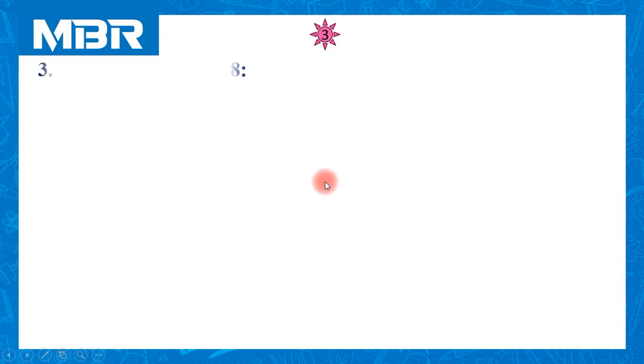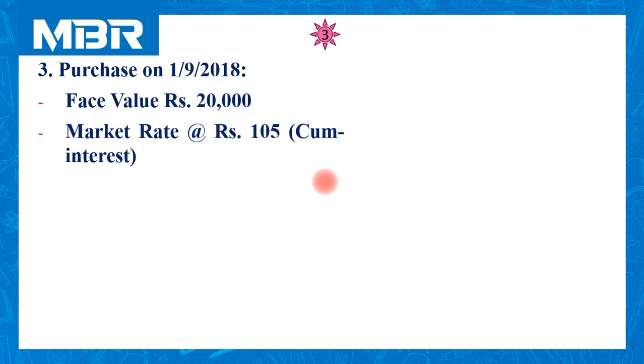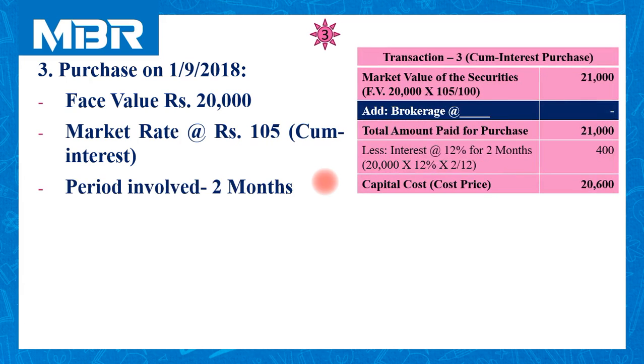Now transaction number 3, purchase on 1st September 2018. Face value rupees 20,000, market rate rupees 105, cum-interest. Period involved in the calculation of interest 2 months, and information of brokerage is not given, so it is not affected to our calculation.